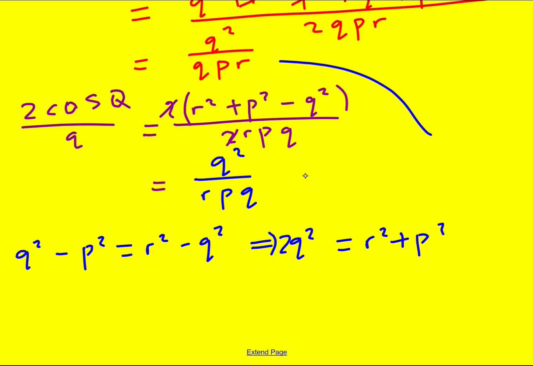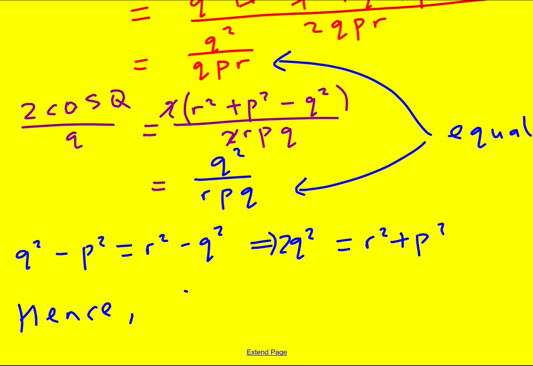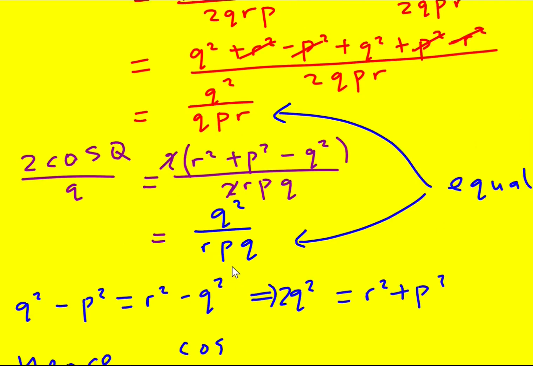And it's not always easy to get back from this back to this. We could have done it, but sometimes it just makes sense to show that the left hand side and the right hand side are the same thing. So these are equal, hence, I've already forgotten what we're trying to prove.